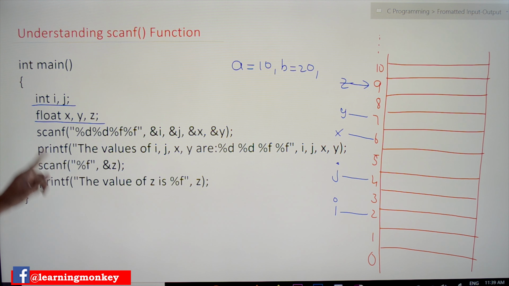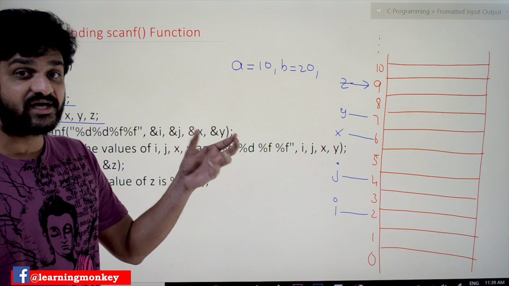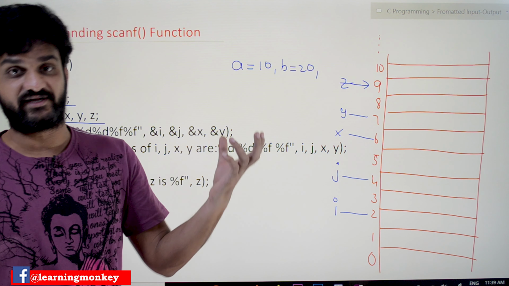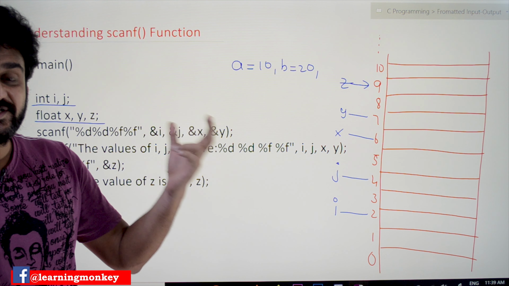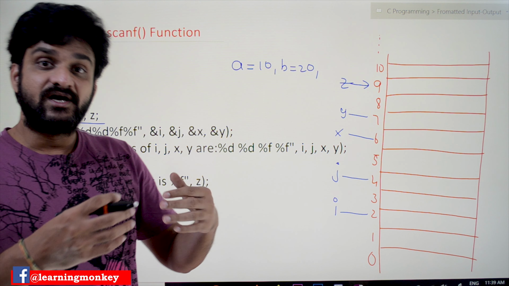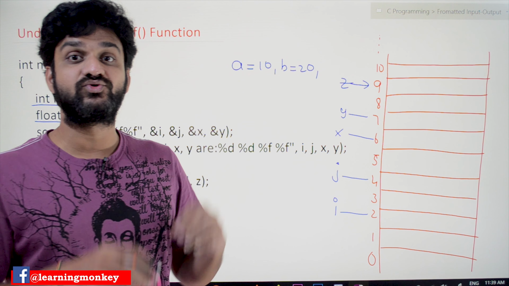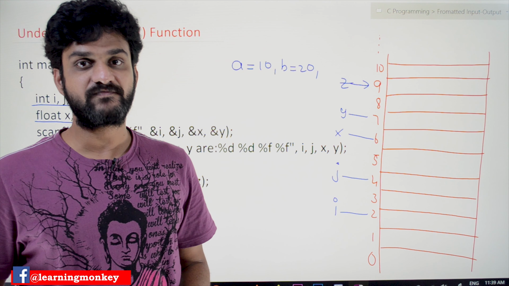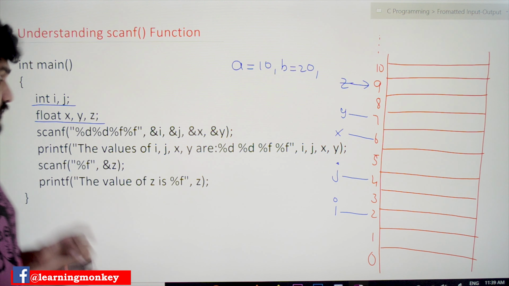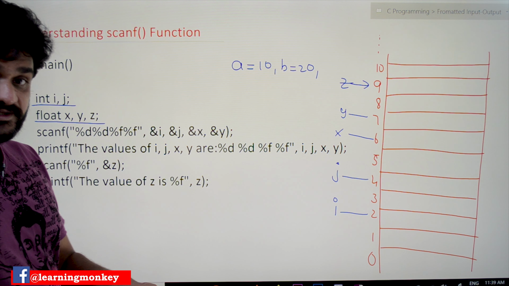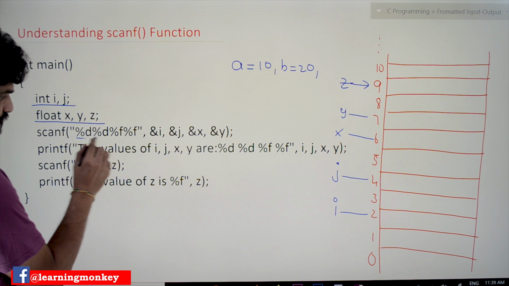Now whenever the compiler sees the scanf statement, the compiler will wait for the user to give the values. One more point that we have to understand is the format string.